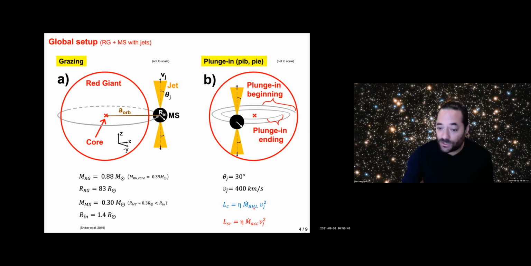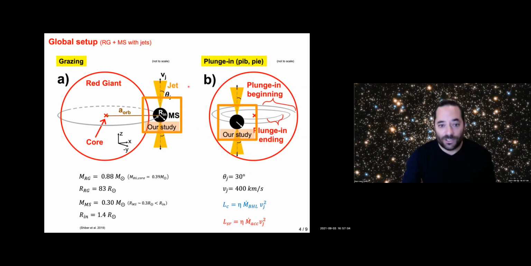We also take a luminosity which is self-regulated, and this depends on how much mass accretes at our inner boundary. This one is fixed at the Bondi-Hoyle-Lyttleton accretion rate at the outskirts of the envelope.